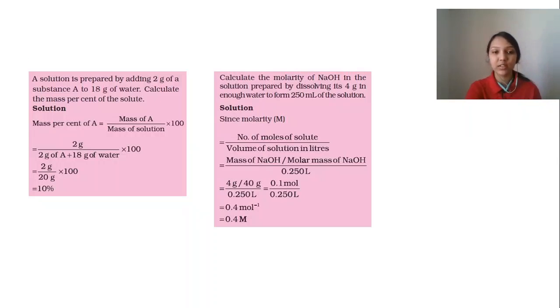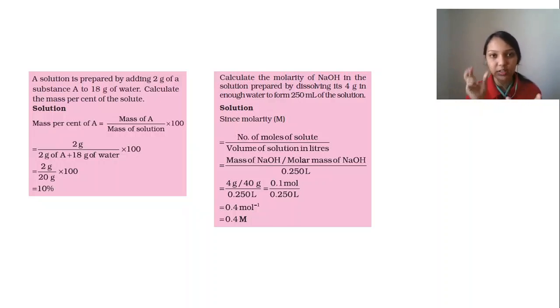Next, calculate the molarity of NaOH in a solution prepared by dissolving 4 grams in enough water to make 250 ml of the solution. Molarity is the number of moles of solute divided by the volume of the solution in liters. The number of moles is the mass of NaOH divided by the molar mass of NaOH.